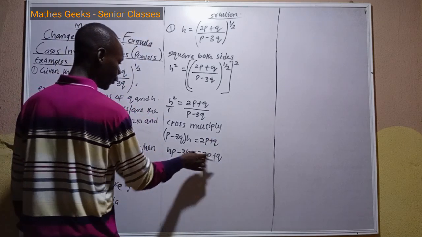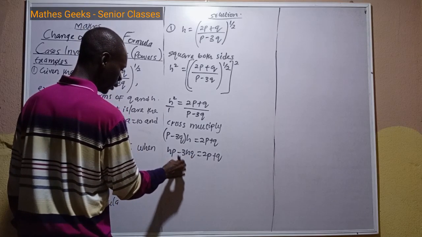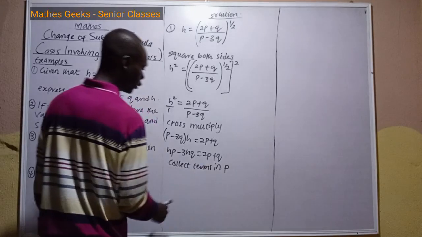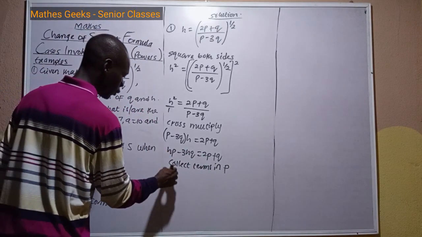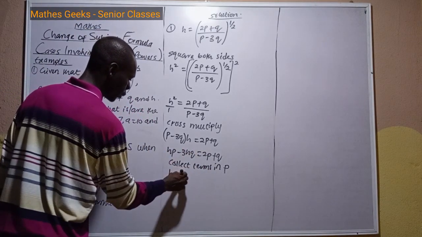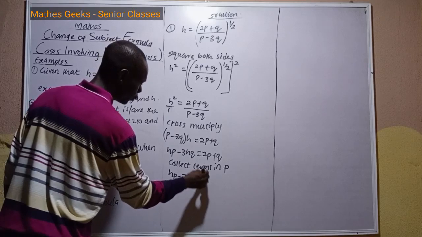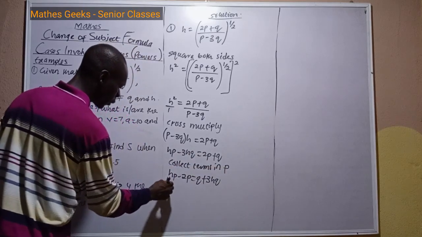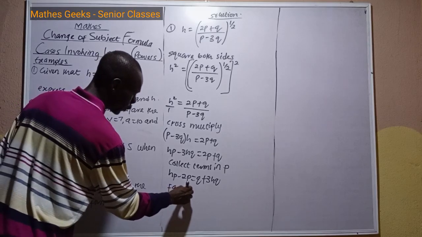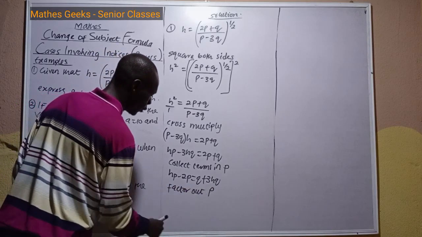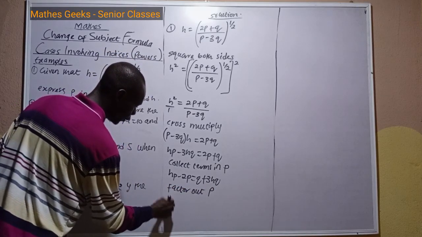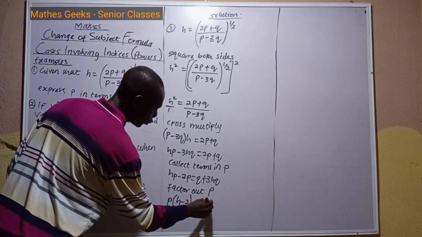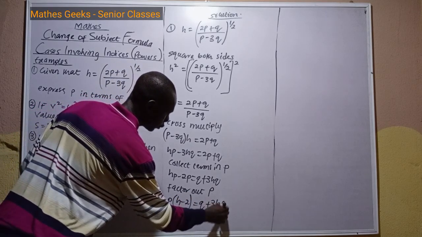When you collect terms in p, 2p and hp are common, so hp minus 2p is equal to q plus 2hq. So factor out p. So we have p times h minus 2 equals q plus 2hq.